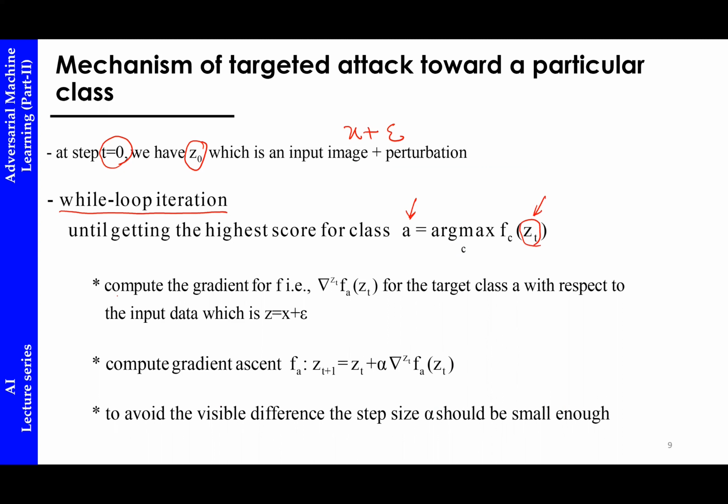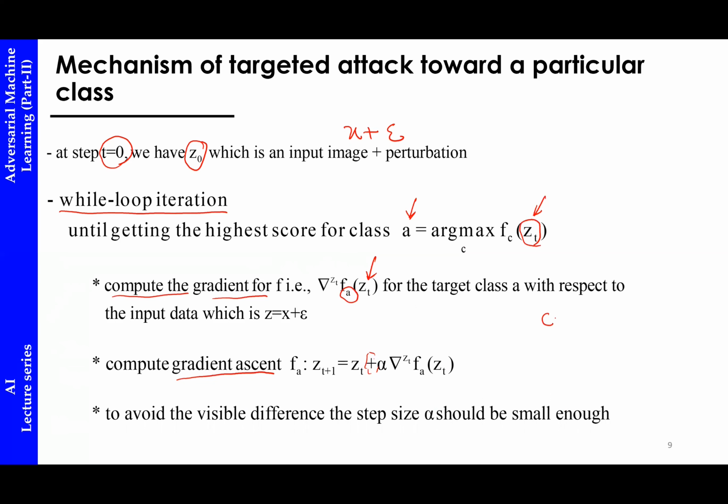To this end, we need to compute the gradients with respect to a for the input of zt, and then calculate the gradient ascent for a specific class a. We need gradient ascent because we need to have a higher score for class a.